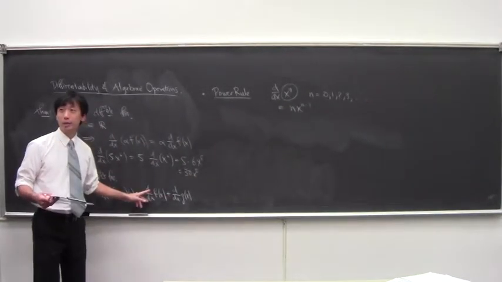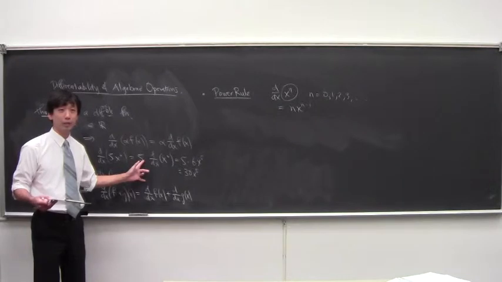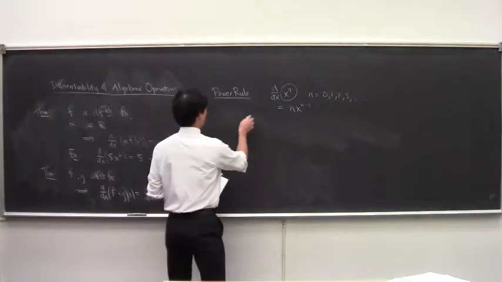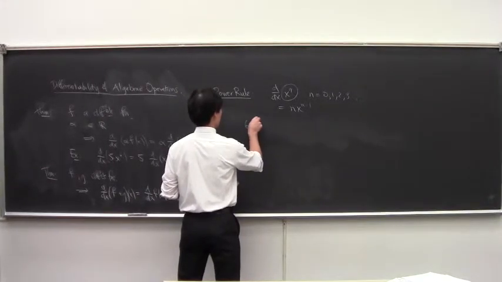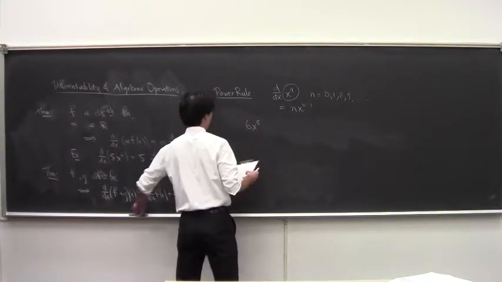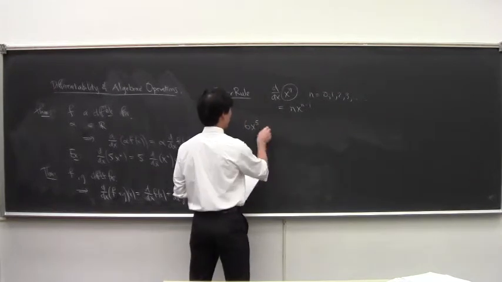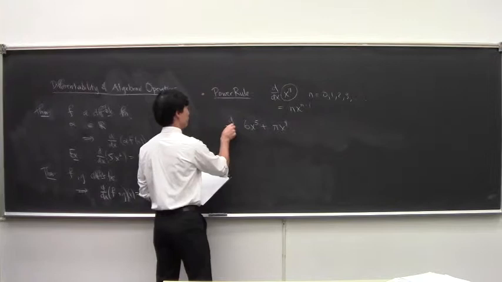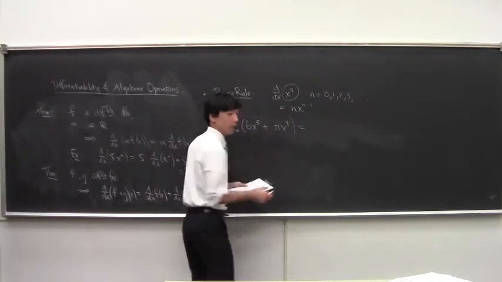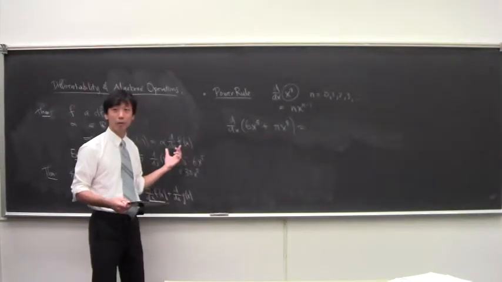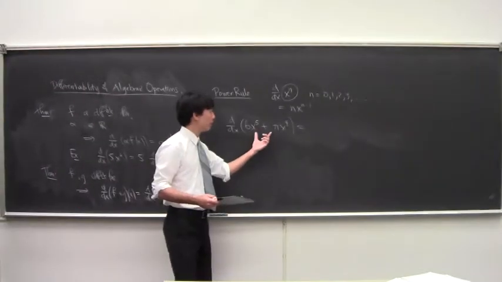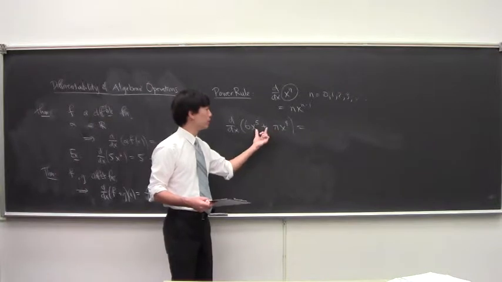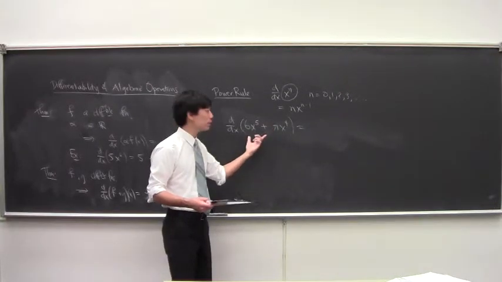Once you have that in combination with the previous one, it gives you the ability to differentiate polynomials, right? So if somebody says, what about 6x to the fifth plus, say, pi x to the fourth? What's the derivative of that? You'd say, okay, well, I can just invoke my rules now. Instead of differentiating the sum, I'm going to sum the derivatives.